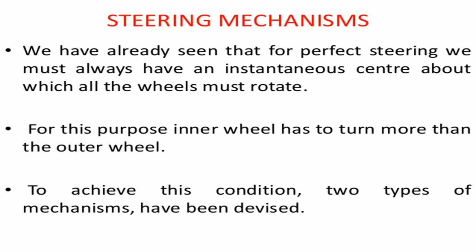In that perfect steering, we can get the rotation of four wheels or any number of wheels of the automobile vehicle. For this purpose, the inner wheel has to turn more than the outer wheel.